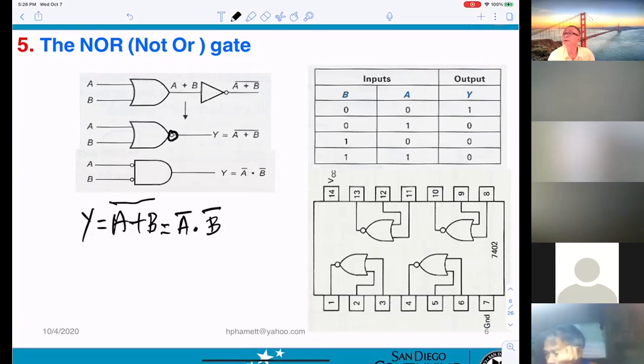For any input of the NOR gate, if it equals 1, the output must be 0. If I say A equals 1, then not A will be 0. 0 and anything will be 0.